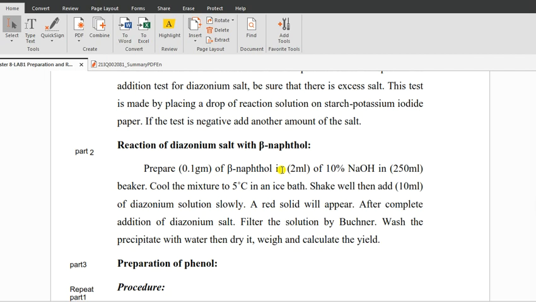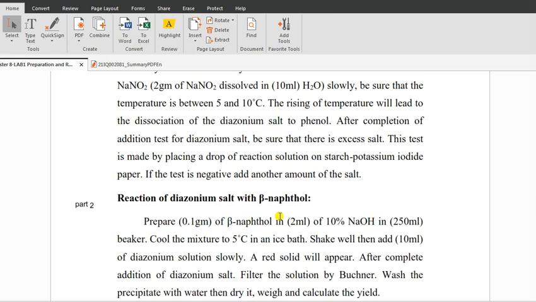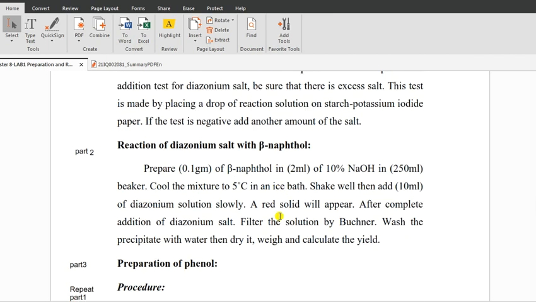Now you have another solution of beta-naphthol with NaOH, besides the solution made from HCl, water, aniline, and NaNO2 with another amount of H2O.